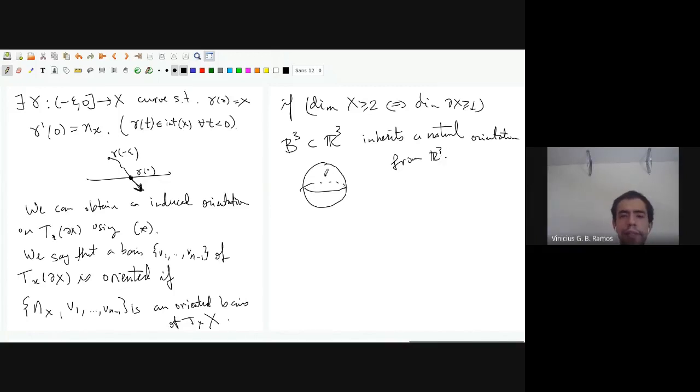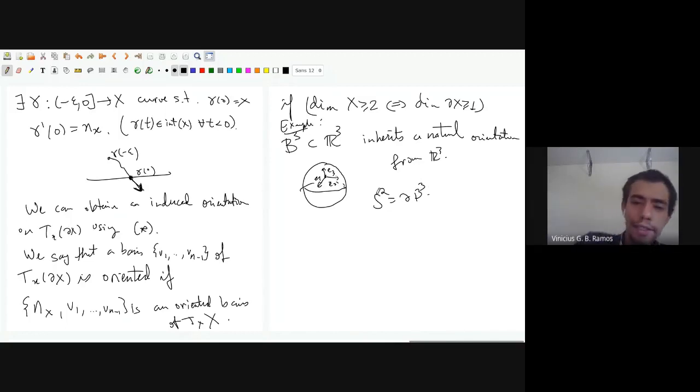So if I take a point inside of the ball, its tangent space will be the whole R^3, and R^3 has a natural orientation, e1, e2, e3. So this proposition is saying that if you look at the boundary of B^3, that's going to inherit a natural orientation. The boundary of B^3 is S^2, and what this is saying is that we have a natural orientation on S^2.